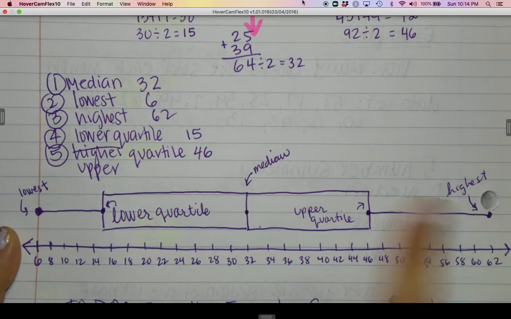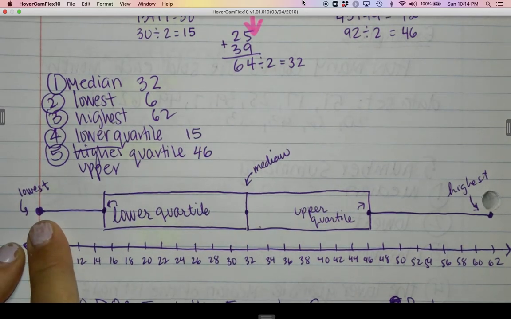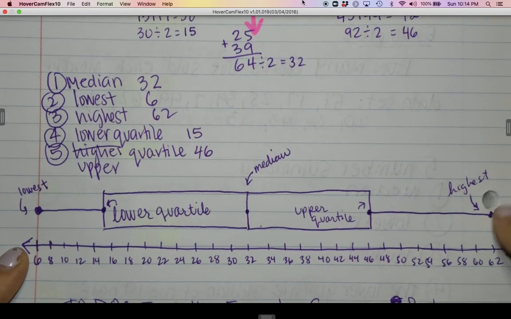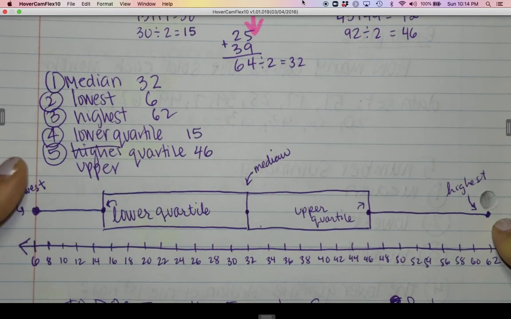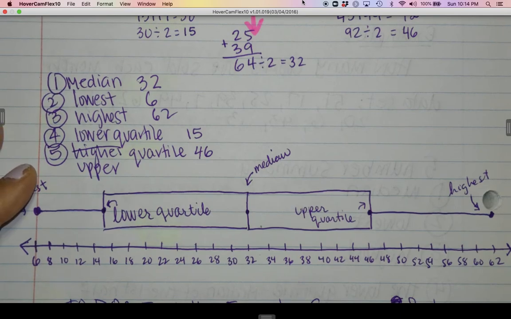Look how far this is from the median. Look how far the lowest is from the median. Okay, that's the middle. And when you have numbers that are really high and far away from the data, it changes the way the data comes out.